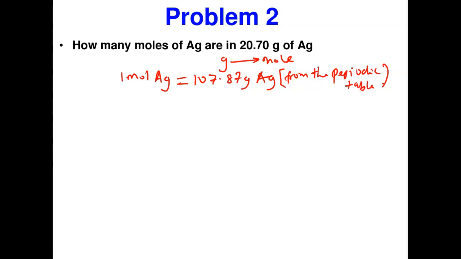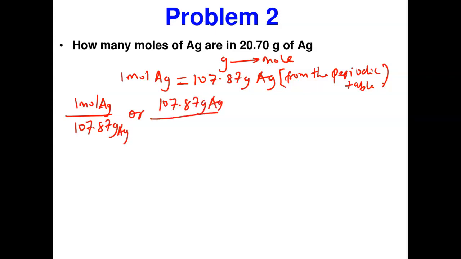I can have a mole of silver divided by 107.87 grams of silver, or I can have 107.87 grams of silver divided by 1 mole of silver. So these are the two conversion factors.